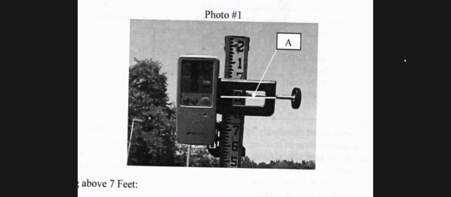It's probably 10 to 50 times faster using a receiver like this, because you're not trying to find a rod and you're not trying to focus it, and you're not really taking a reading through a magnified optical device. Okay.